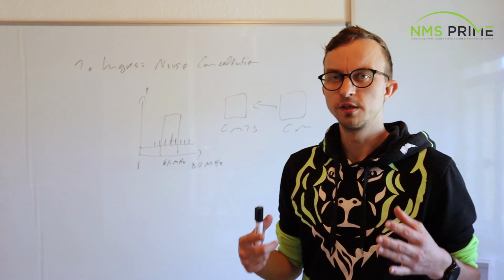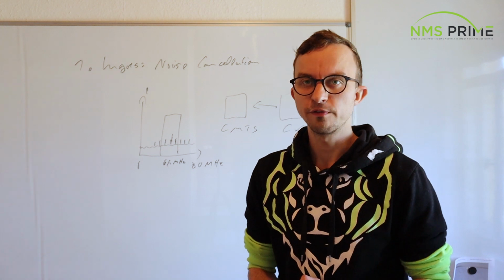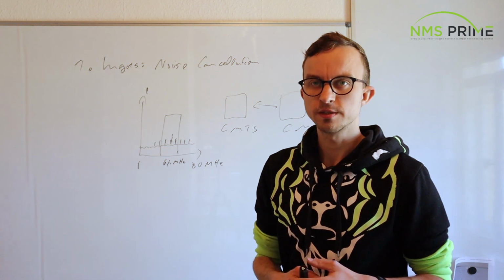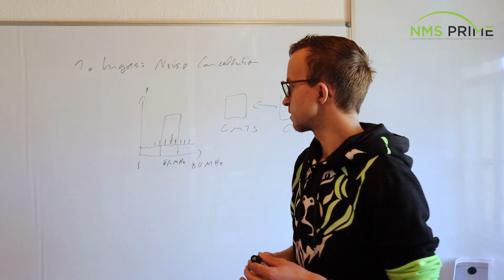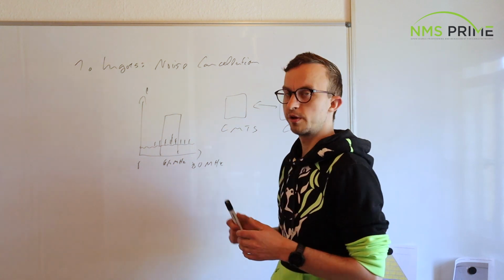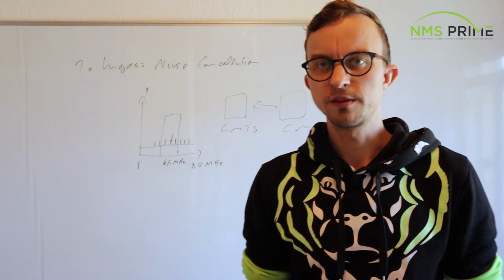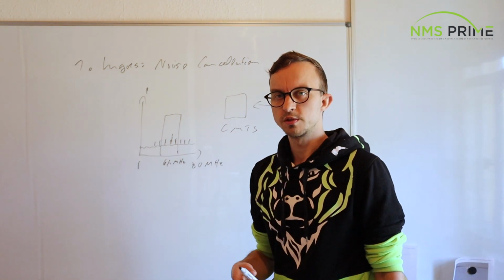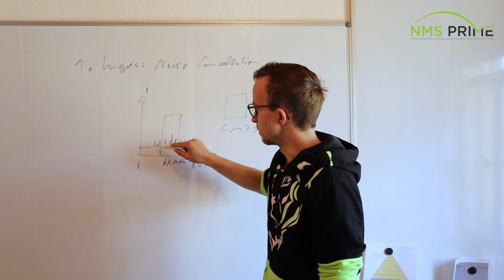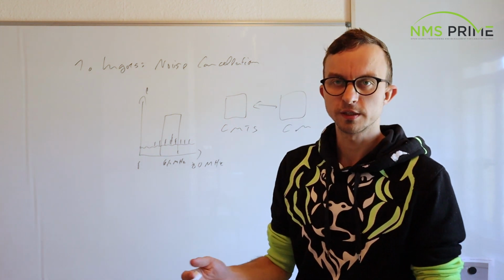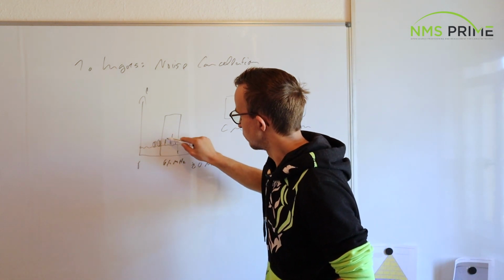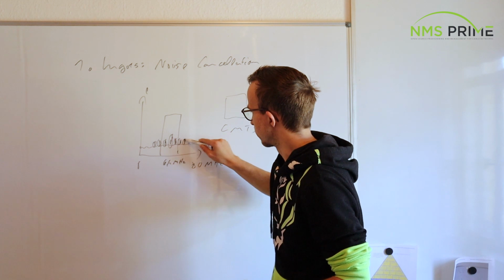Ingress noise cancellation is a digital circuit inside the CMTS RF interface, and what it does is that it detects on a recurring basis, so maybe every 100 milliseconds, if there are impairments inside the cable plant, so coming from the cable modem, and if there are impairments inside the network, then with digital signal processing it will cut out these impairments, and what the digital signal processor of the next step of demodulation will get is that these noises, these interferences are cut out.